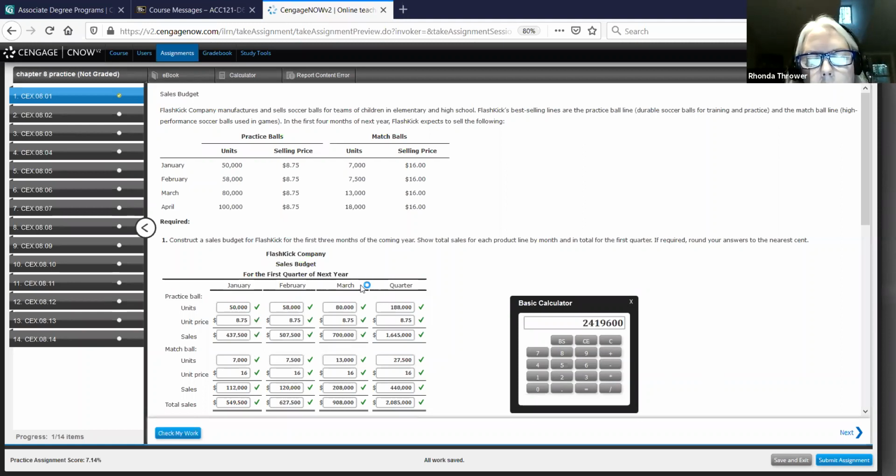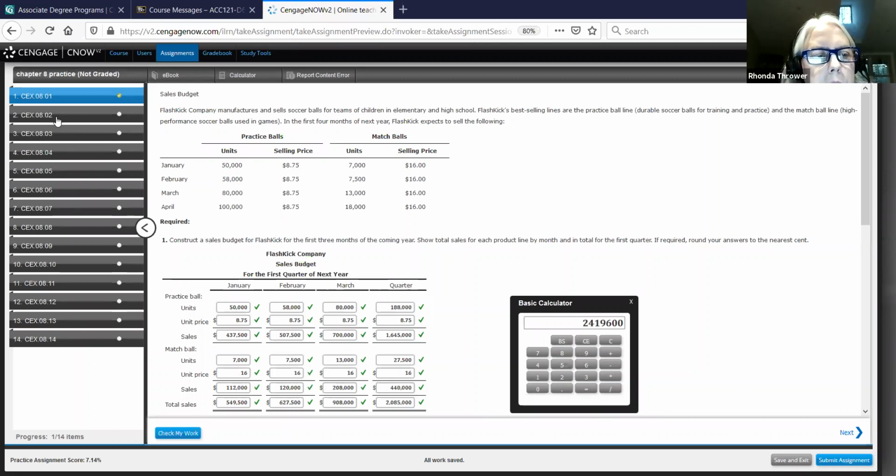And in March, it's 80,000. And for the match balls, it was 7,000. And 7,500. And 13,000.